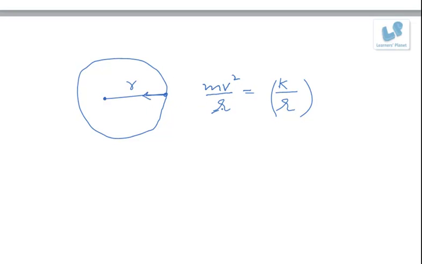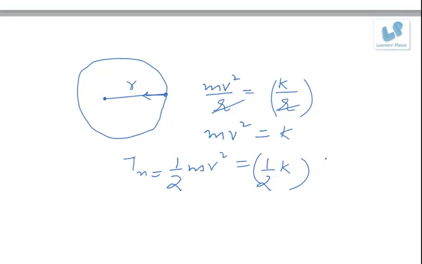So if we solve this, we will get mv square is equal to k, and half mv square is the kinetic energy. So the kinetic energy is half of k. So kinetic energy is a constant term, it does not depend upon n. So it is independent of n.